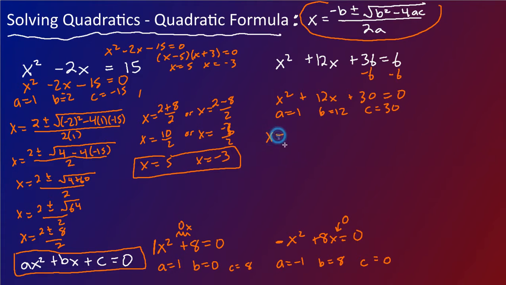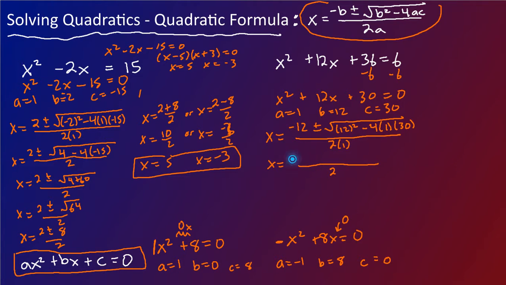So x equals negative b, so negative 12, plus or minus the square root of b squared, so I have 12 squared, minus 4 times a times c, all over 2a, so 2 times 1. Now a is not always a 1, so we don't want to assume it's always a 2 at the bottom.